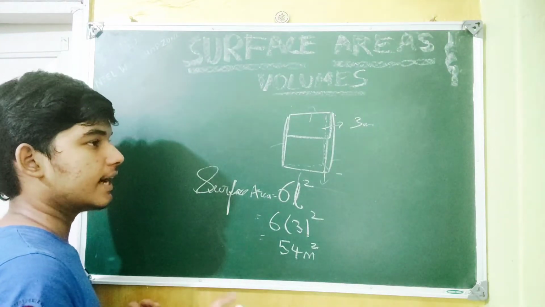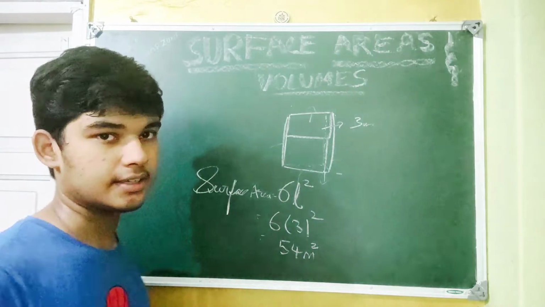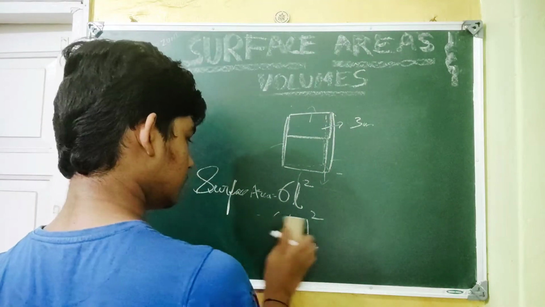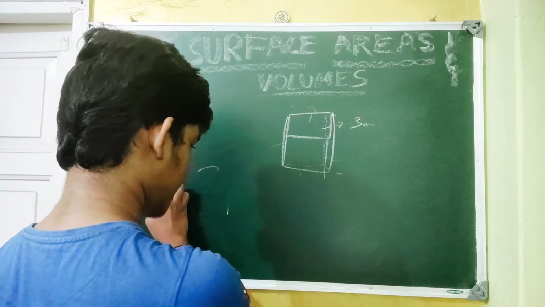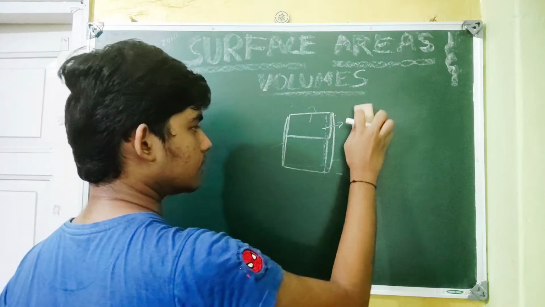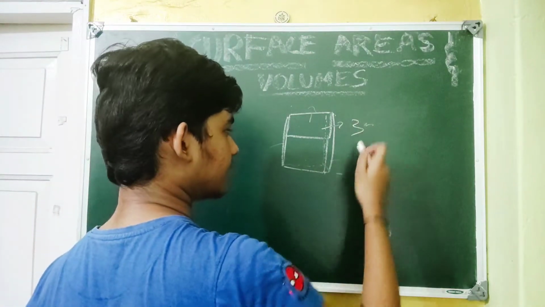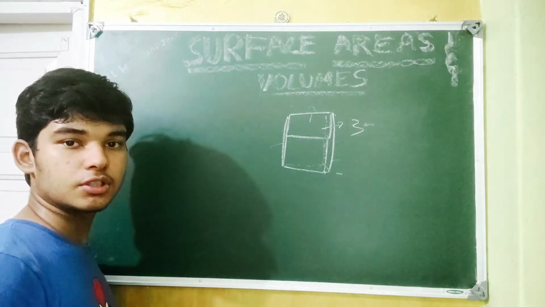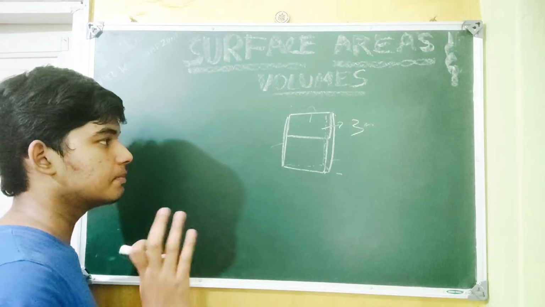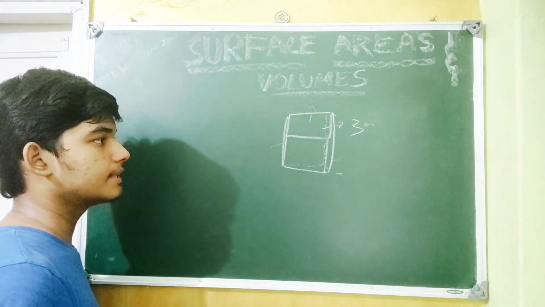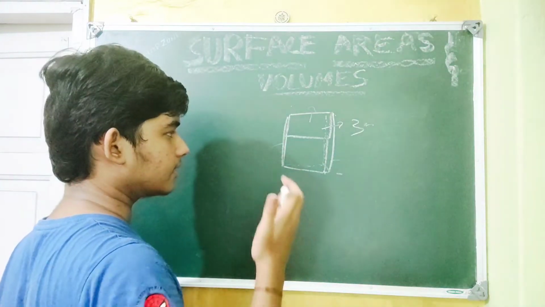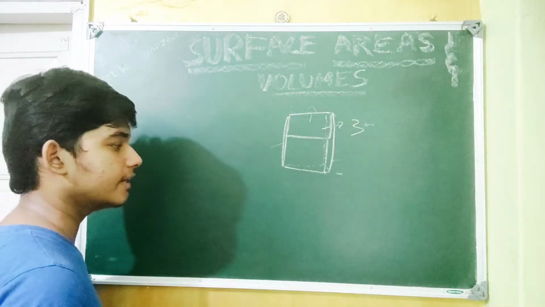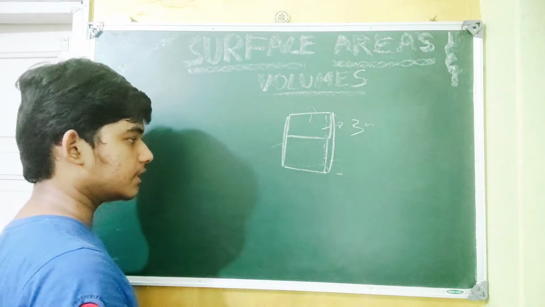Now let's say they ask you the lateral surface area. Let's take the side as 3. If you have watched my previous episode, you'll understand what it means. Basically, lateral surface area is the area without the base and the top. So without the bases, if you're trying to find out the area, it is what is called lateral surface area.